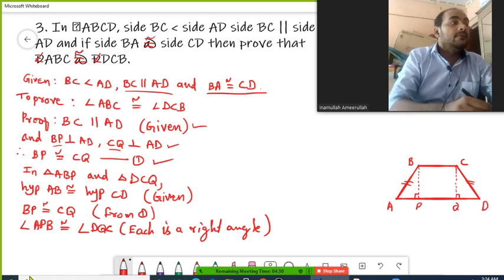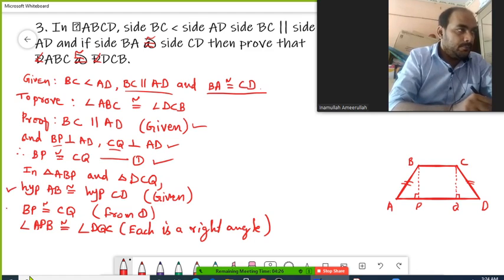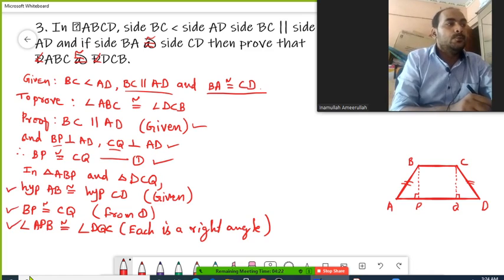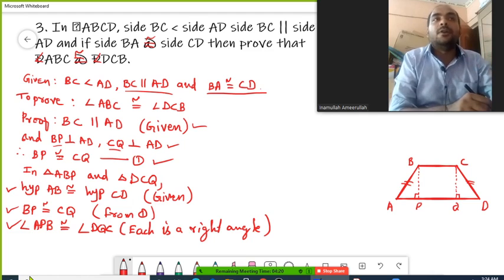Now we have three corresponding components congruent: two pairs of corresponding sides and one pair of corresponding angles.